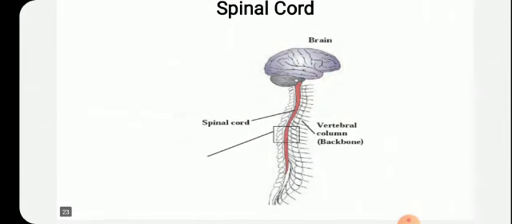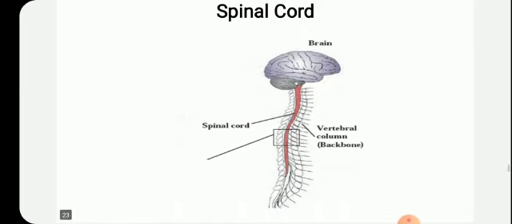So this spinal cord, though it is a smaller, long elongated structure, plays a very important role. As you know, the brain is just like the head, but every head cannot control all the activities done in the surrounding area. Therein, it needs certain subordinates who can control the maximum activities. So the spinal cord works like that.